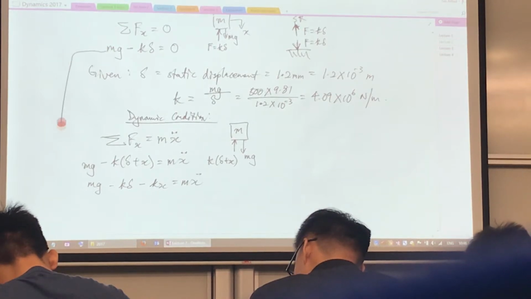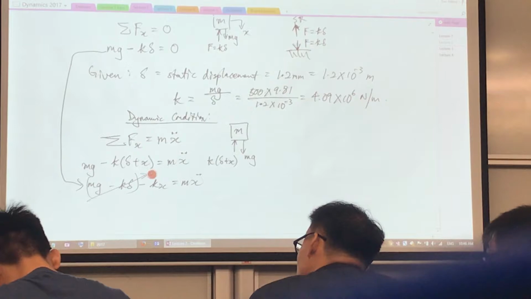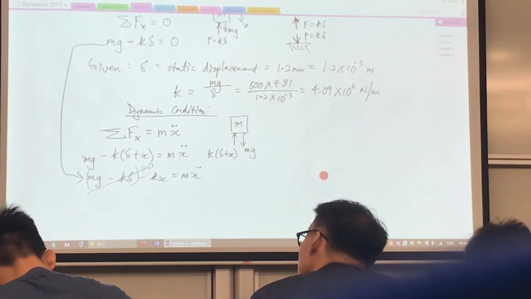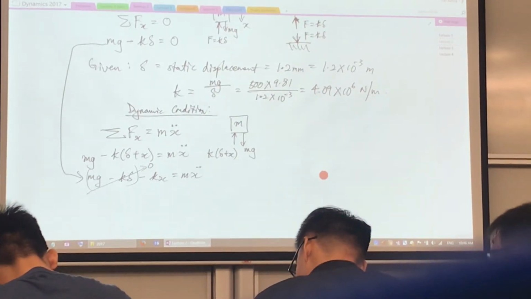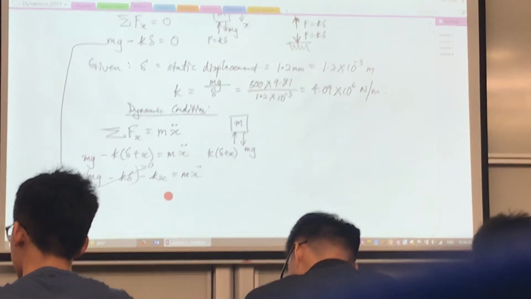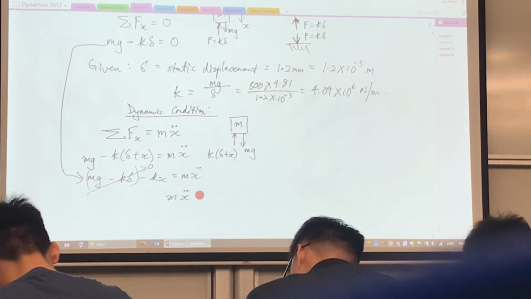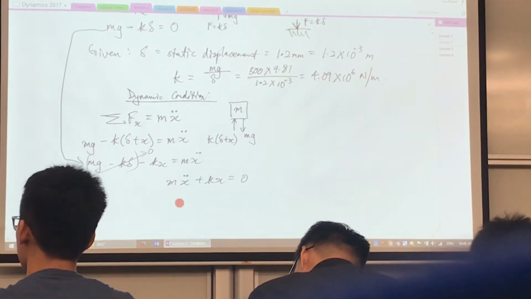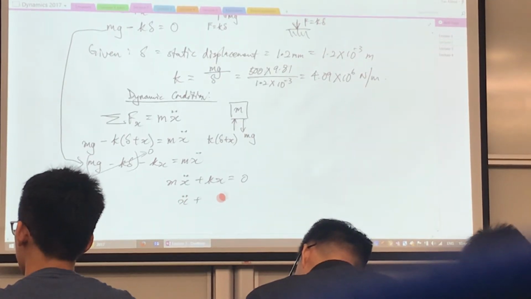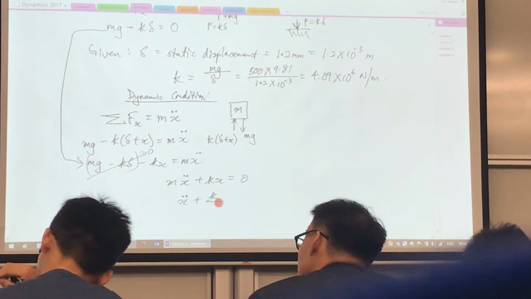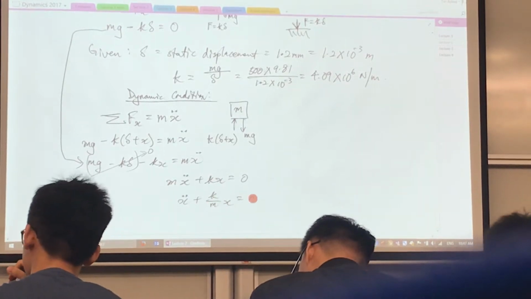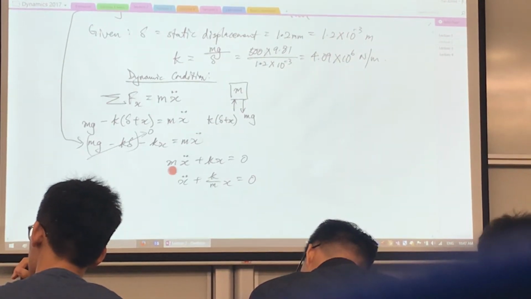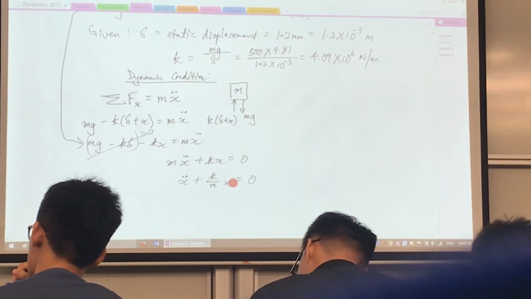So from this, you know that mg minus k delta is equal to 0. So let me rewrite everything. m x double dot plus kx is equal to 0. So x double dot plus k over m x equal to 0, by dividing throughout by m.